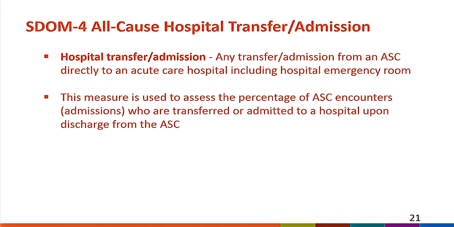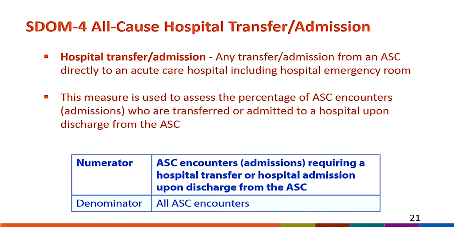This measure is used to assess the percentage of ASC encounters who are transferred or admitted to a hospital upon discharge from the ASC. The numerator is the total number of ASC encounters requiring a hospital transfer or a hospital admission upon discharge from the ASC. Denominator is all ASC encounters.